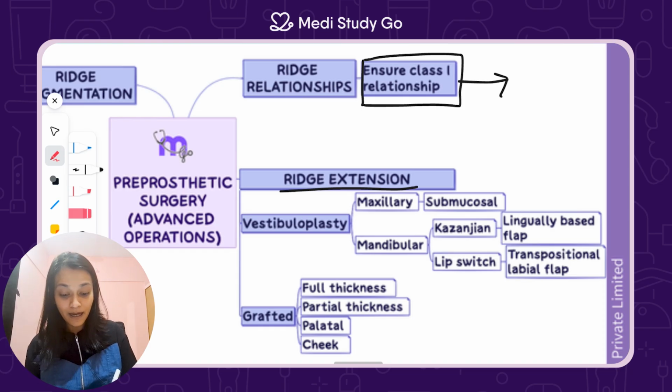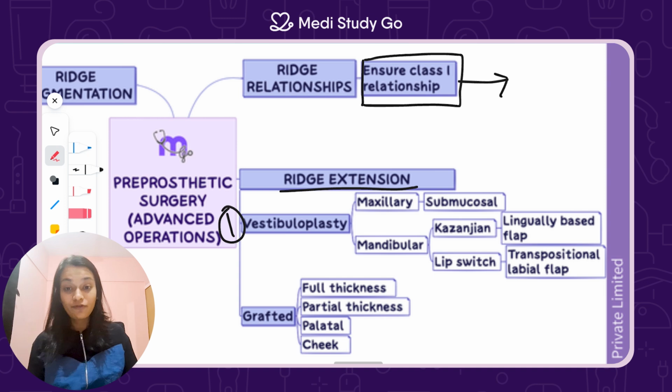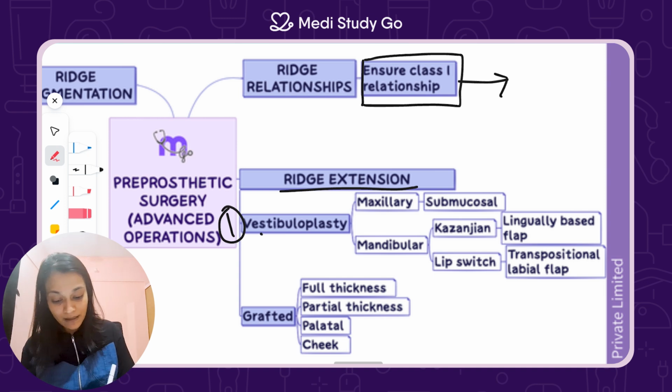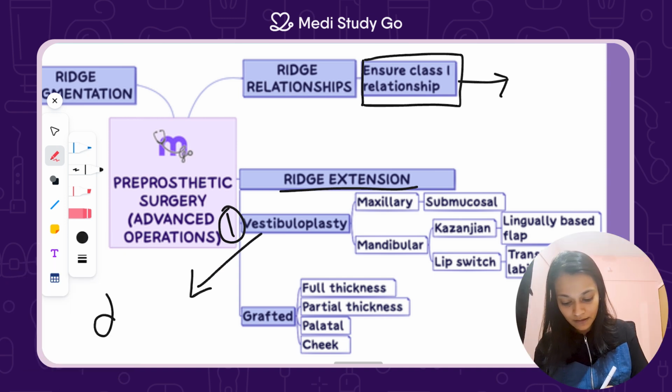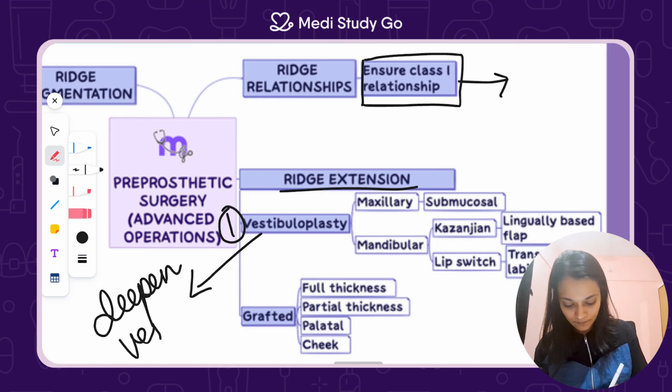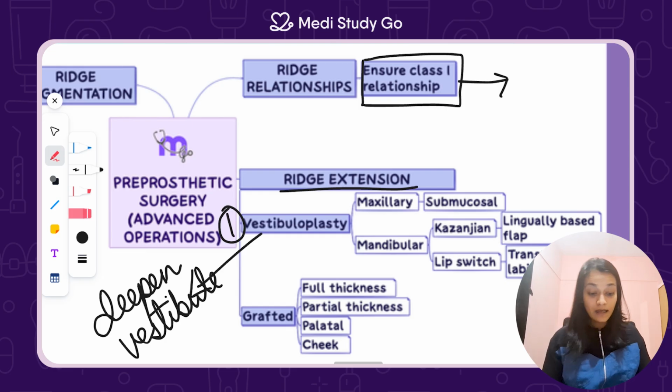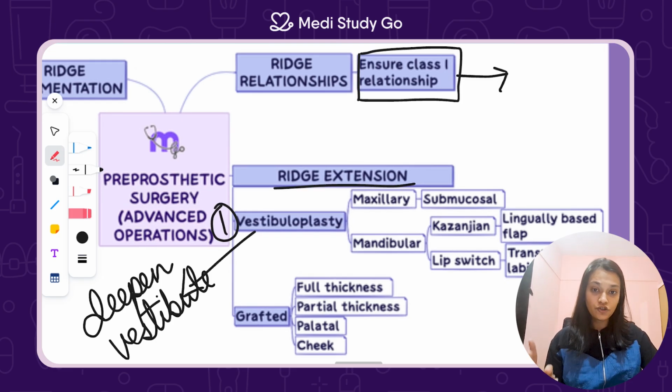This can be done by, first method is vestibuloplasty, which means that you deepen the vestibule. Now it can be done in two ways.